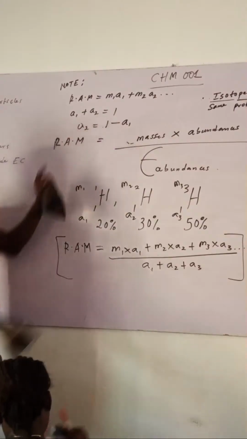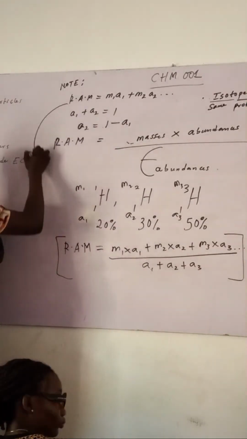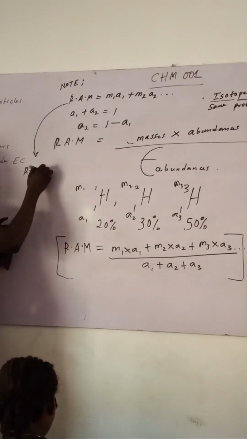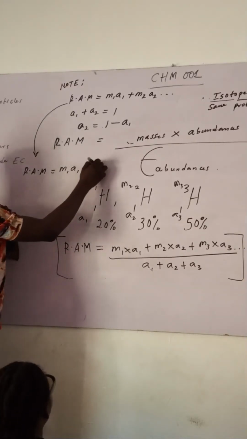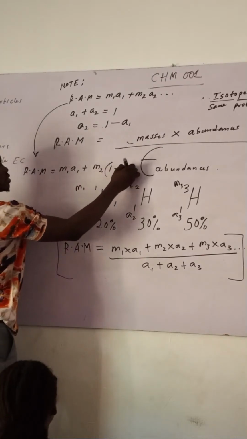If you make A2 the subject of the formula, then I can say RAM is going to be M1A1 plus M2 into (1 minus A1).